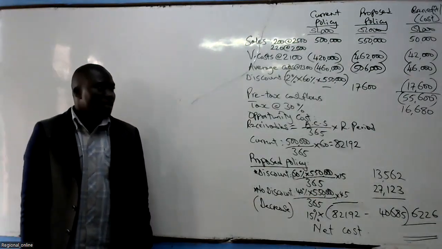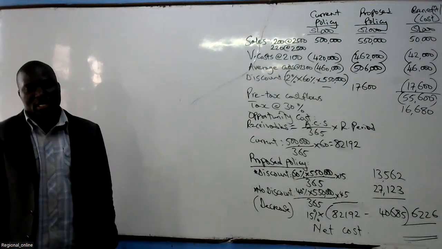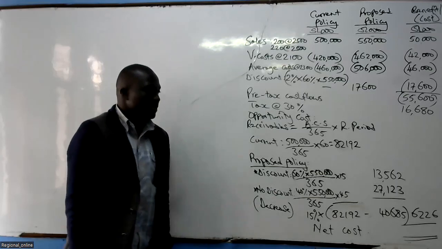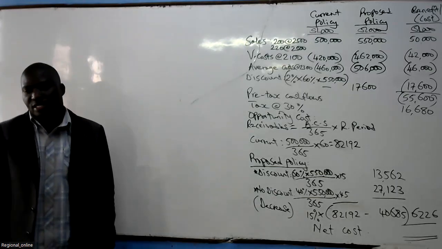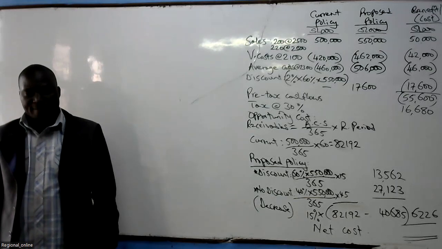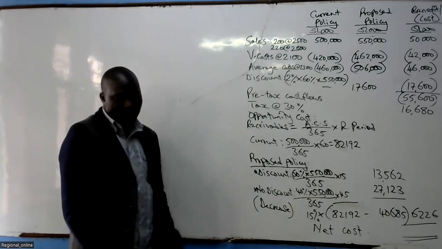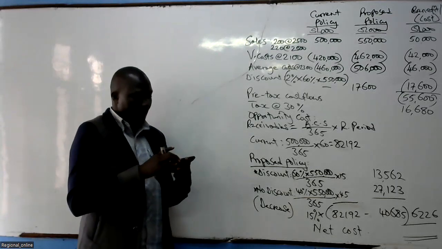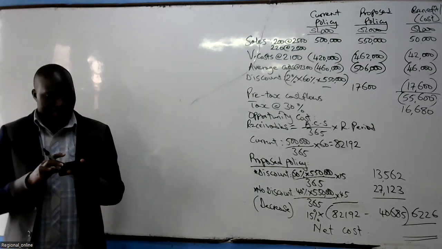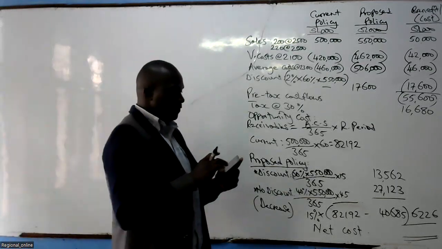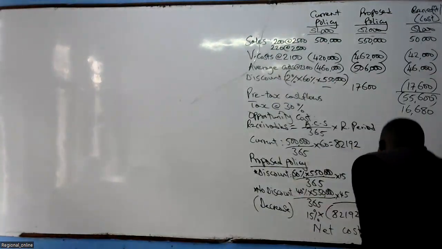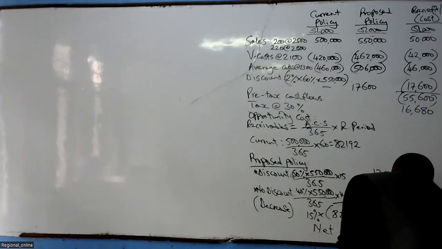55,600 negative. Adding those two, you still get a negative. So 16,680 plus 6,226 minus 55,600, we get a negative of 32,694.